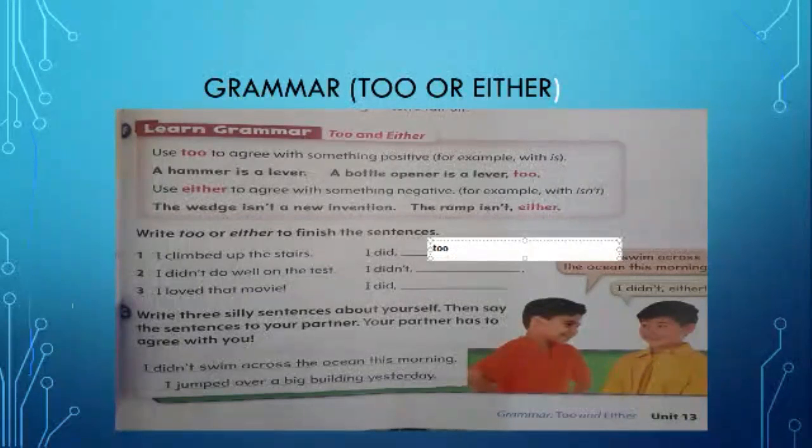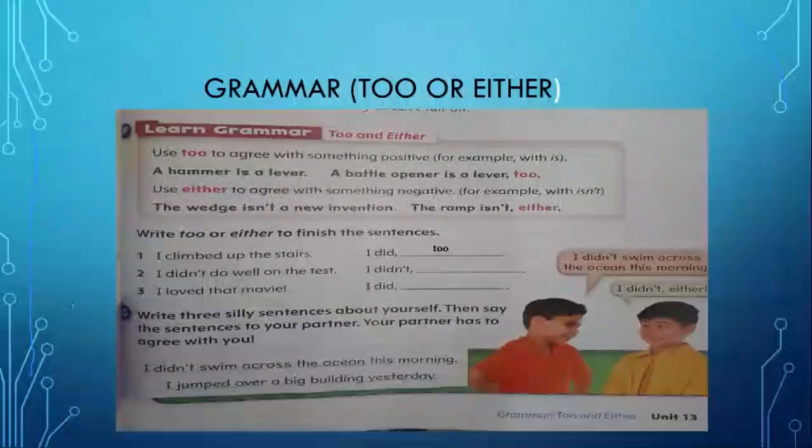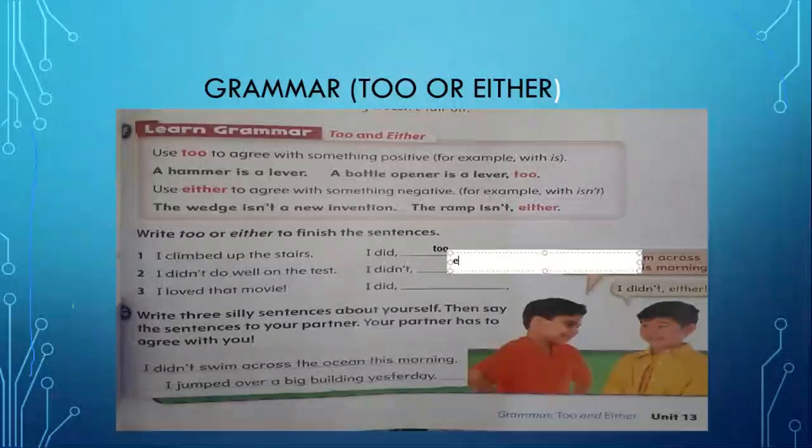You have to use "too" and "either" here. I didn't do well on the test. I didn't dash. So "didn't" shows that the sentence is a negative statement. So, I didn't do well on the test. I didn't either. Okay?